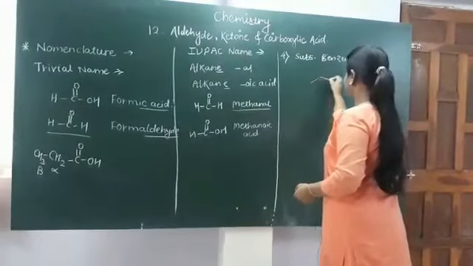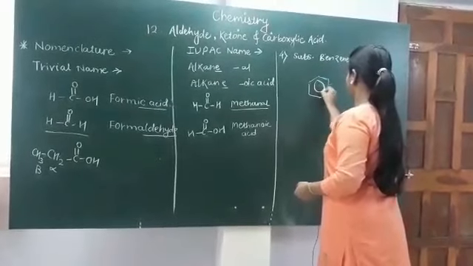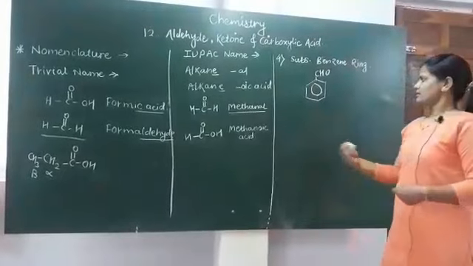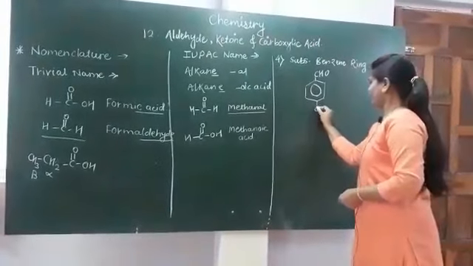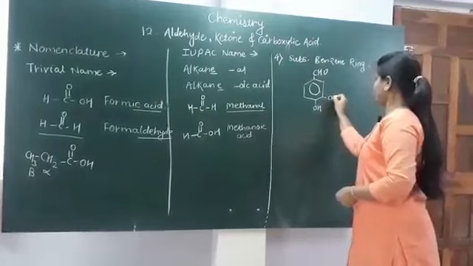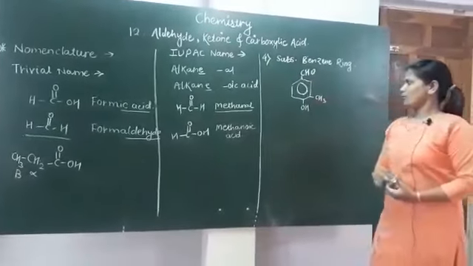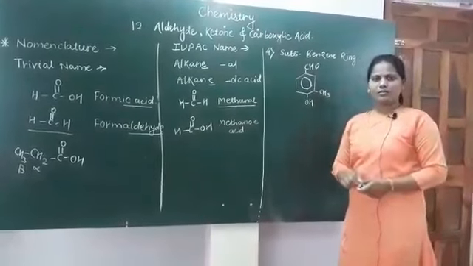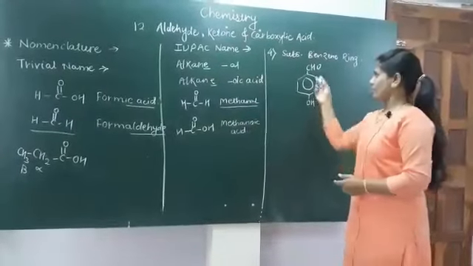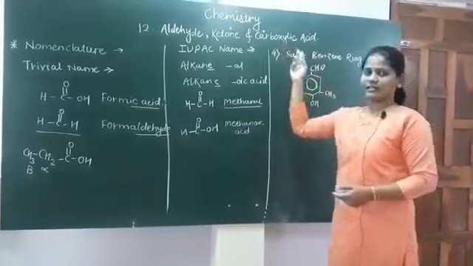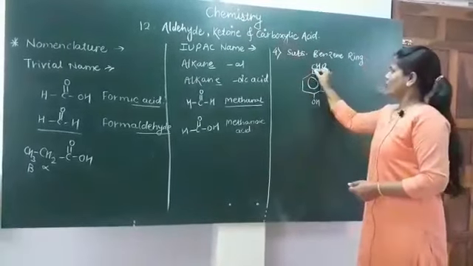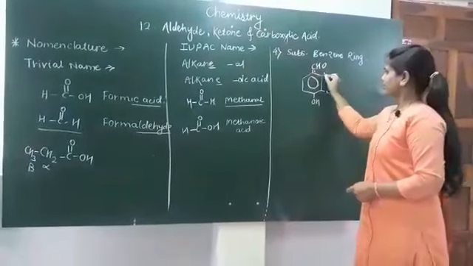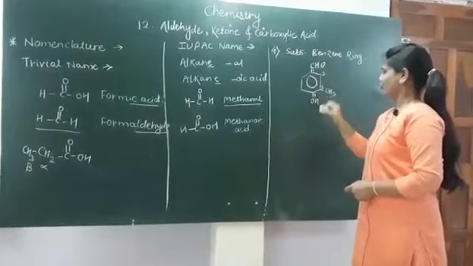For example, this will be benzaldehyde, and suppose I have written here an OH group and here it will be CH3. Now to which carbon atom or which functional group do we have to give the first number? Now we are learning under the heading of aldehyde and carboxylic acid, so obviously we have to give the number first to the aldehyde group, second, third, fourth.